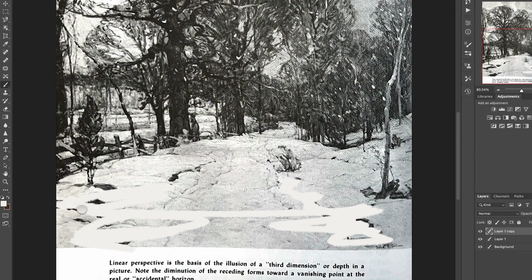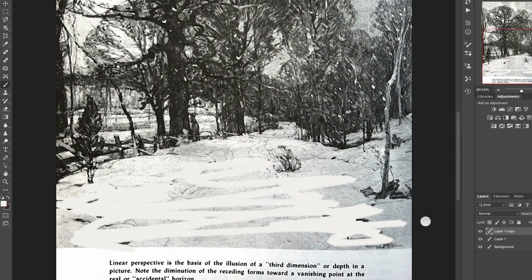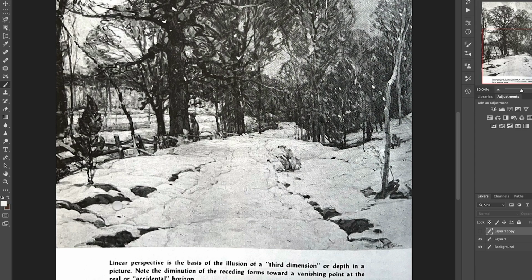Let's get rid of some of these really key darks and see what happens. You still have the effect of the perspective of the road itself in here. You still have that, but it's not nearly as strong, is it? You see how important it is to have these wonderful subtle diagonals that go back in here that we're talking about.